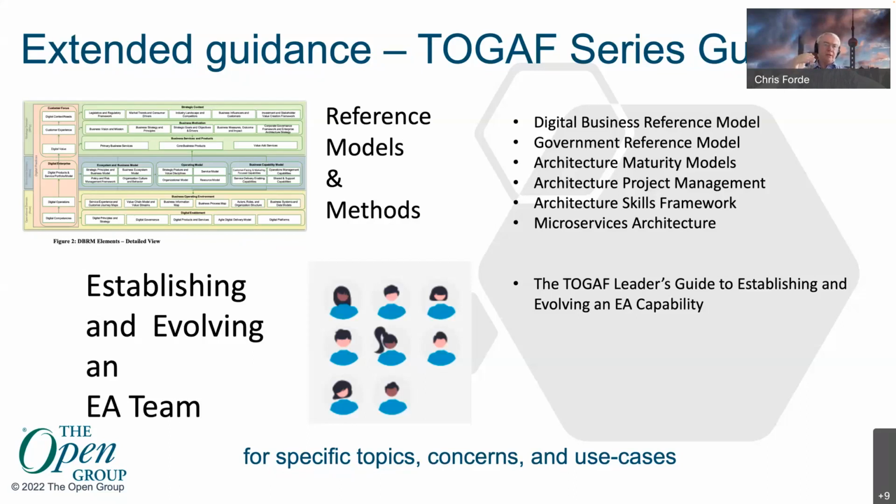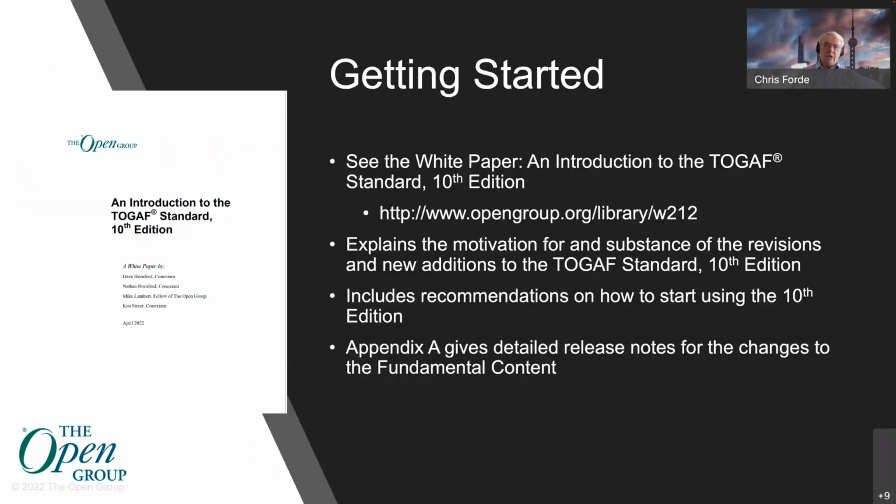For the previous slide and this half of the slide here, we've been really focused on practitioner-oriented materials. But there are leaders or practice leads for EA in some organizations, and there are certainly sponsors for architecture in organizations as a whole, whether they are on the business or technologies area of the organization. And for those folks, there's a leader's guide.